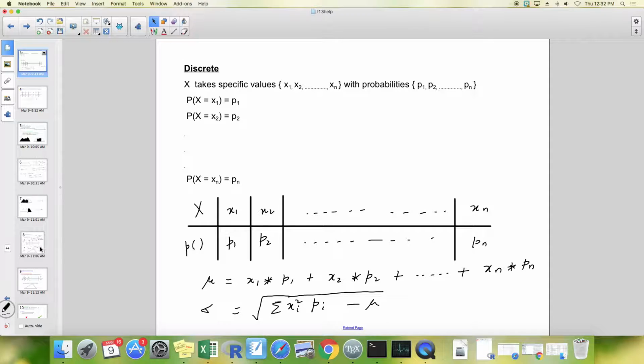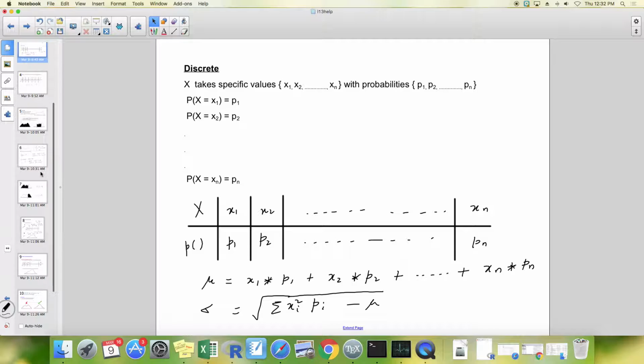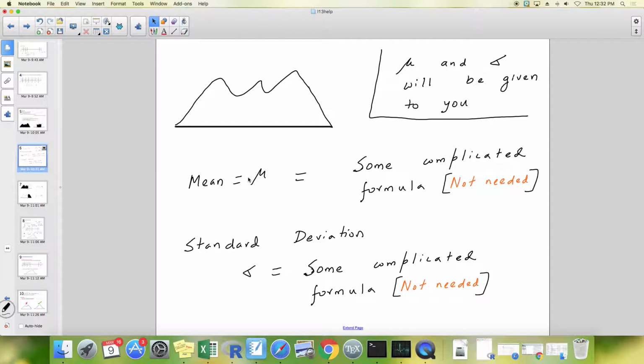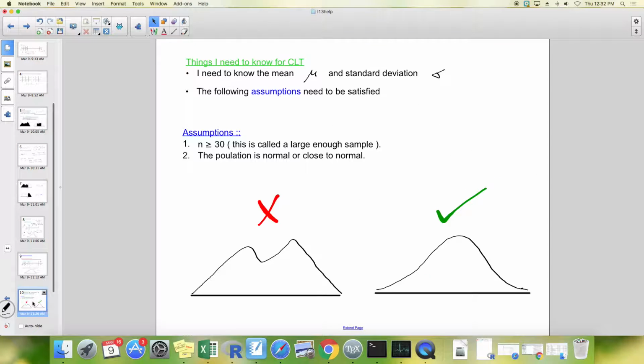Also for continuous, we know that mean mu is some formula which we haven't learned. Sigma is some formula which we haven't learned. But I don't need to know this diagram. This graph I don't need. What I need is the mu and the sigma. If someone gives me that, I'm happy. So I need to know mu, I need to know sigma.